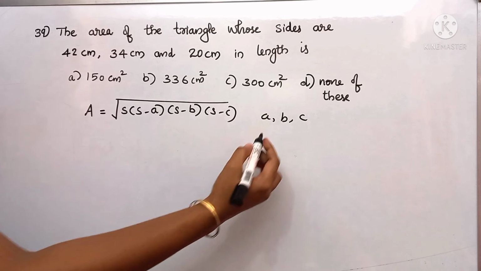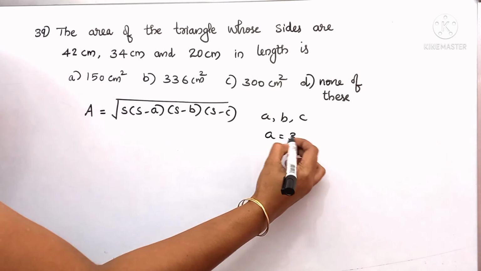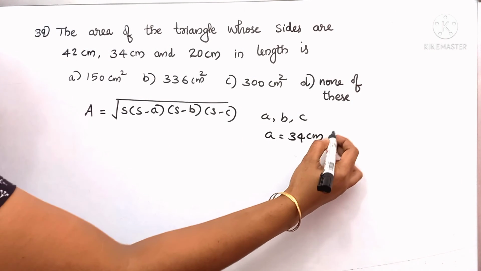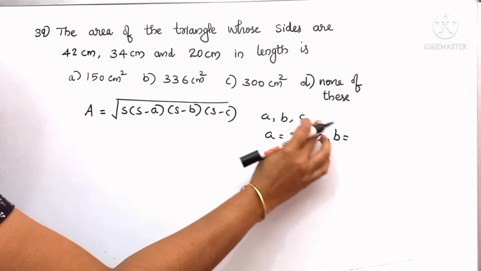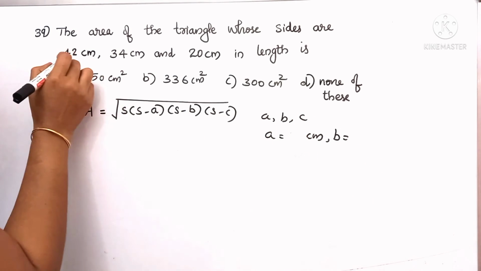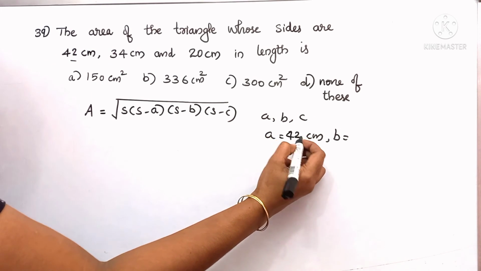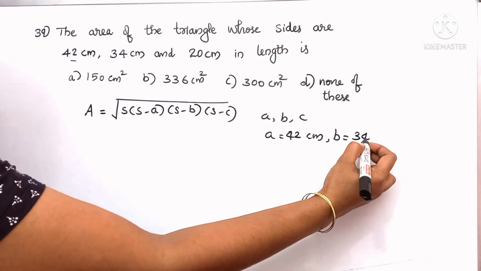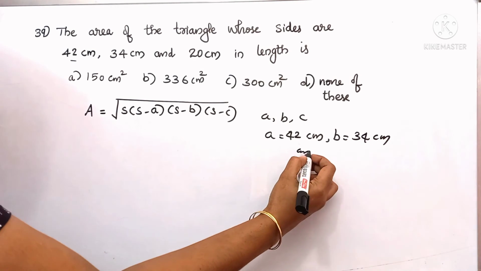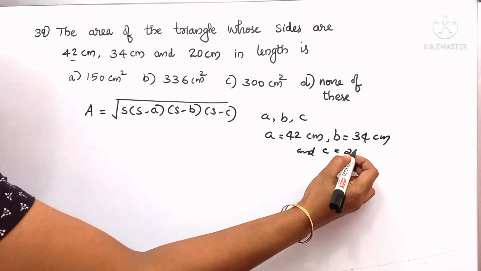Here A is equal to 42 centimeter, B is equal to 34 centimeter and C is equal to 20 centimeter.